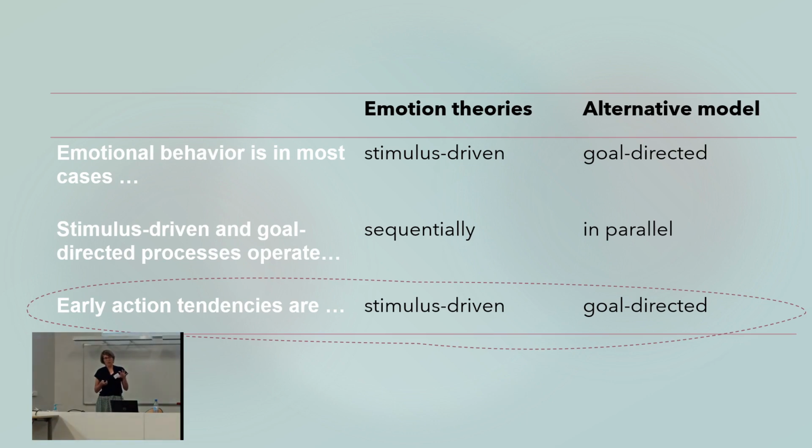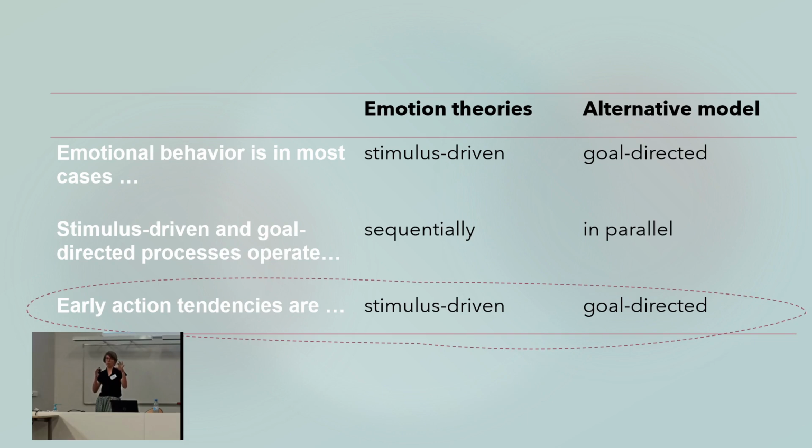Because what is important about this last point is, if we just measure open behavior, or behavior where people had a lot of time to execute or to reflect about it, emotion theorists can always say this was because emotion regulation is goal-directed.